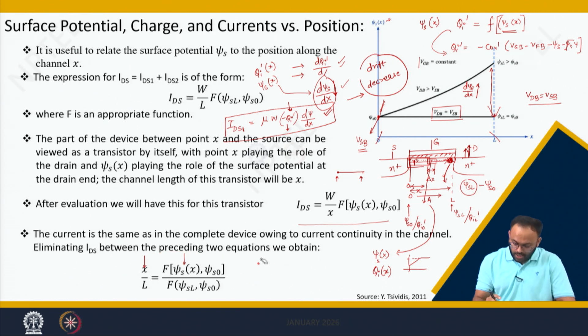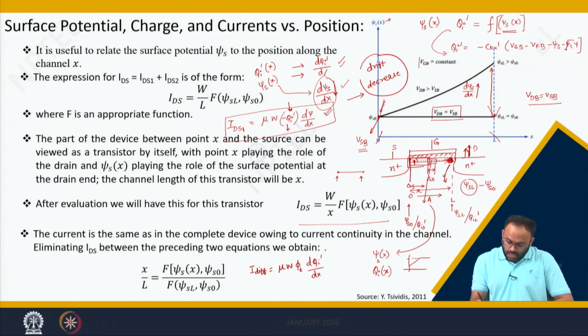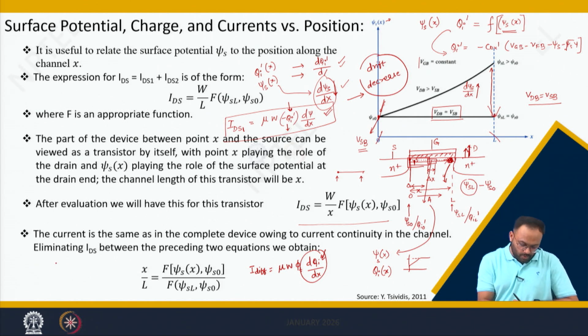Similarly, we can find out what will happen to the diffusion component. In the diffusion component, we found that it can be given as mu into W into phi t into dQi dash by dx. Though Qi dash decreases along the channel because you are increasing VDB, the gradient will increase, meaning when you are going from 0 to L, the Qi dash will decrease like this.